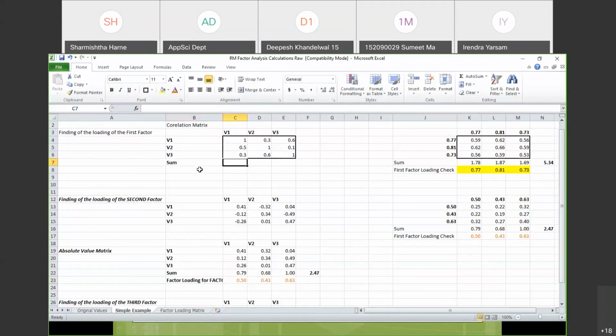Sum and first factor again. So you carry on with the third factor, third factor's loading. I'll just fill up these gaps.